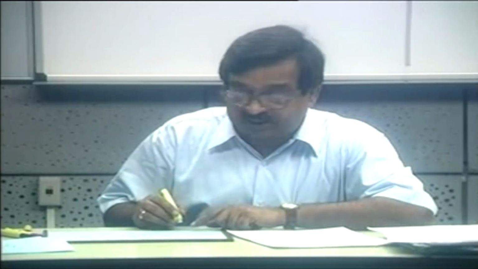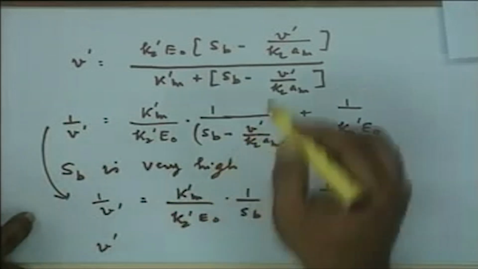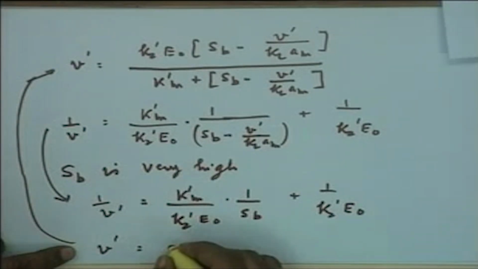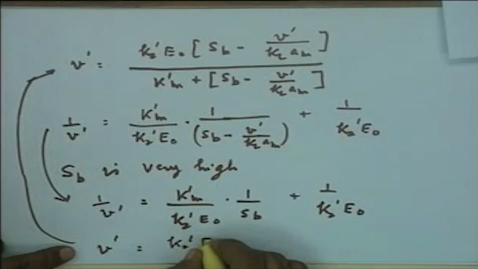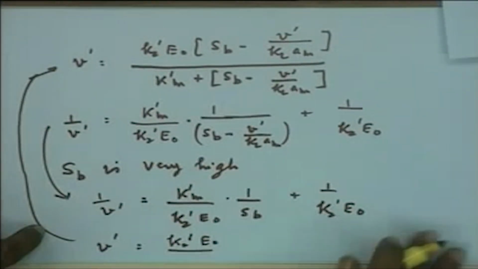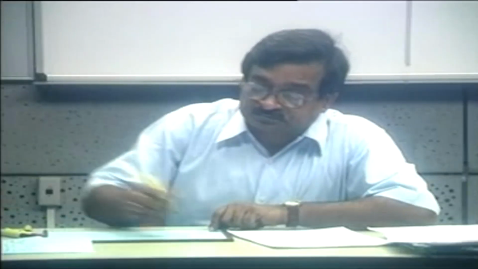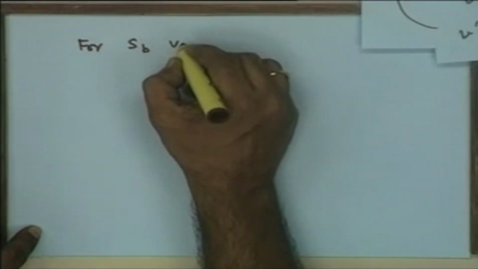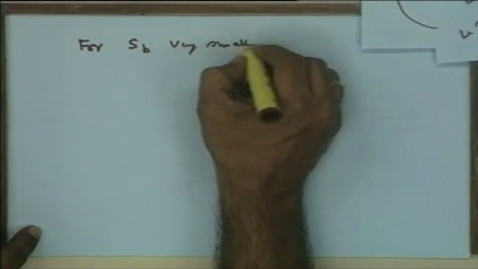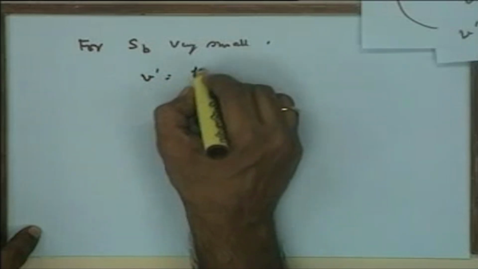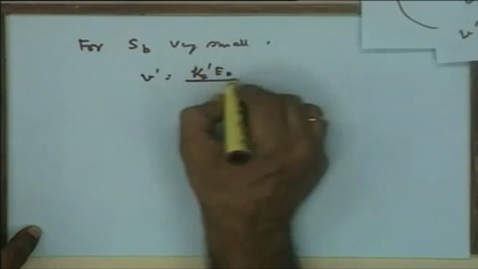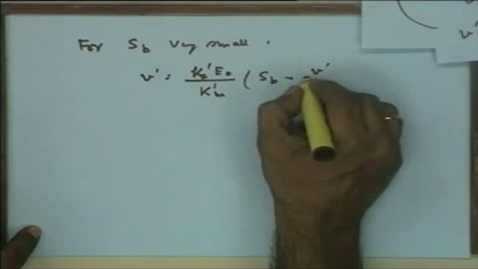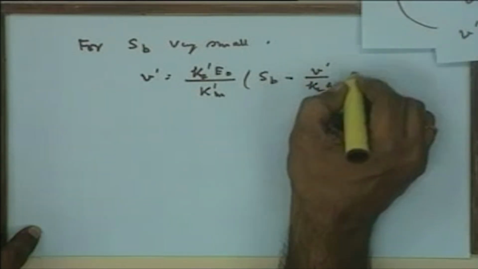On the other hand, when SB is very small, or the first order design, again if you look at this equation from here, for SB very small, your V dash is equal to K2 dash E naught upon K dash m into (SB minus V dash upon KLAM).